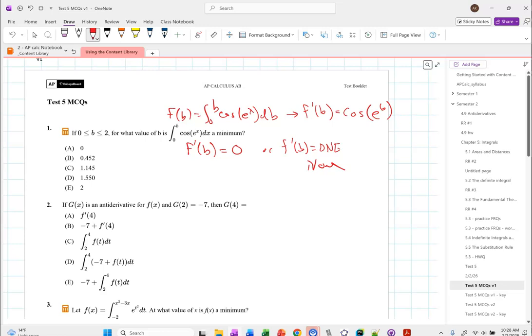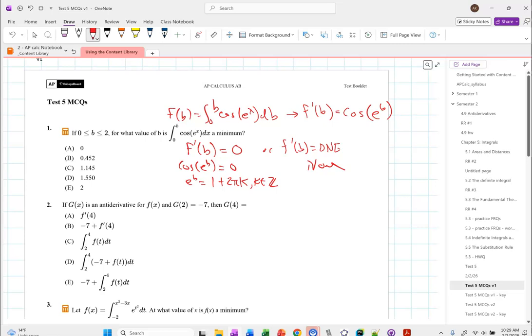Okay, so I just need to worry about where cosine of e to the b is equal to 0. So I'll do cosine inverse of both sides. Cosine inverse of 0 is 1, but technically plus 2 pi k for all integer values k.